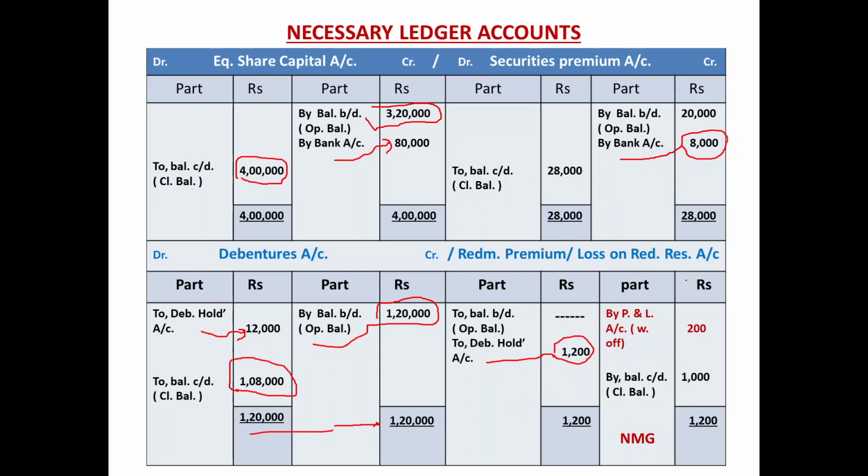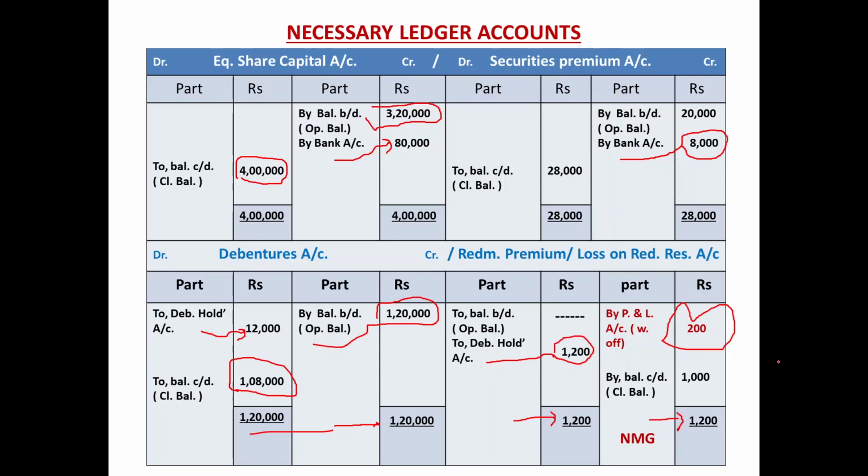Redemption premium or loss on redemption reserve. If you close it, total of debit side 1200, put it on the credit side 1200, and now you are getting a balancing figure of rupees 200, because there is a closing balance of rupees 1000.